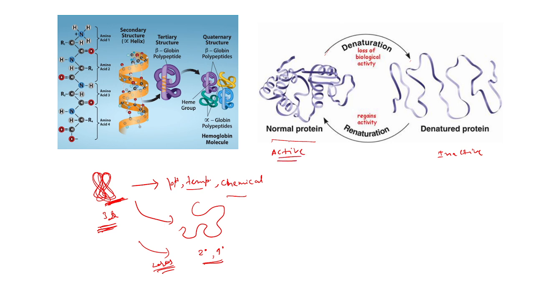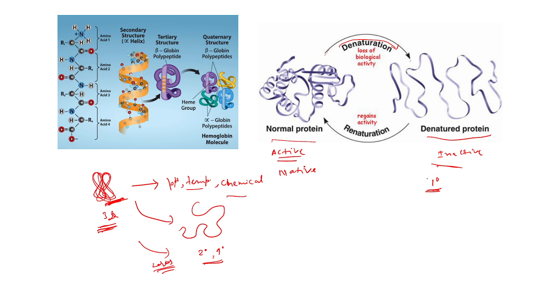The active one is called the normal protein, or also the native protein. When it is unfolded, it is called the denaturation process. That means in this process the protein is unfolded to an inactive one, which is called the denaturation of the protein. And in this protein only the primary structure remains the same.